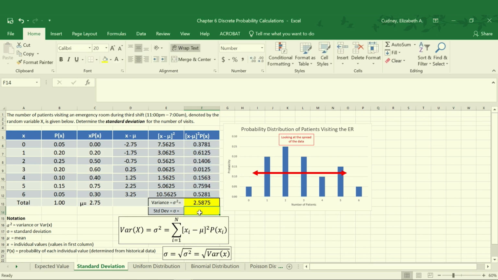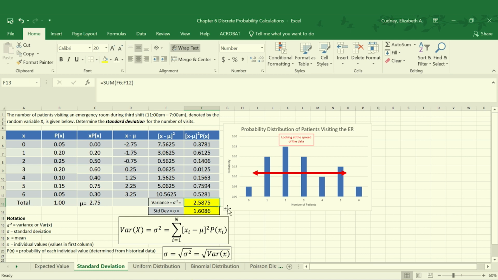To get the standard deviation, we're going to take the square root of our variance. So cell F14 is going to be equal to the square root, SQRT, of our cell F13. And that gives us our standard deviation of 1.6086.